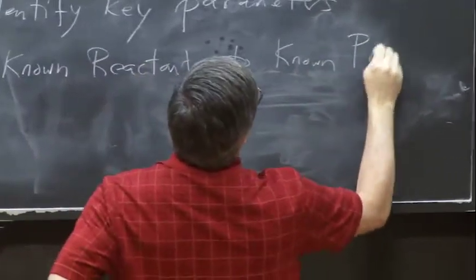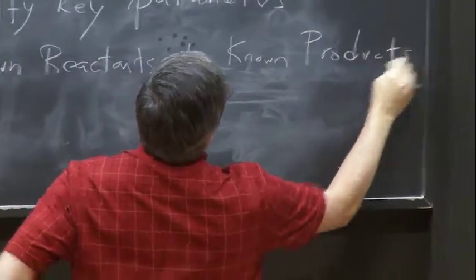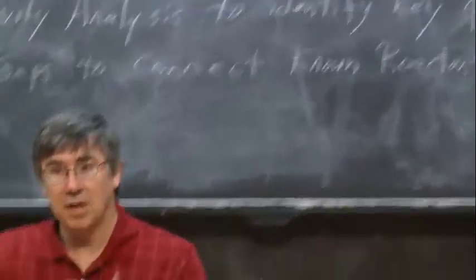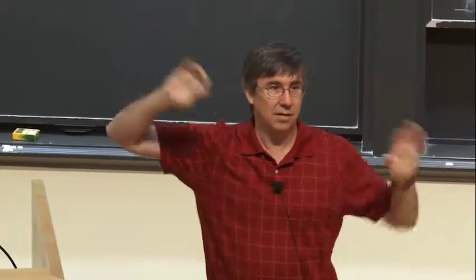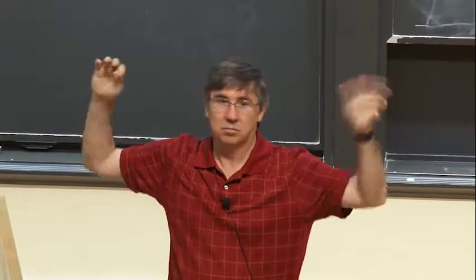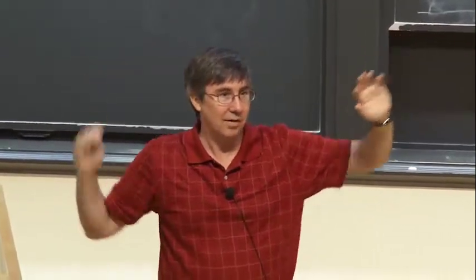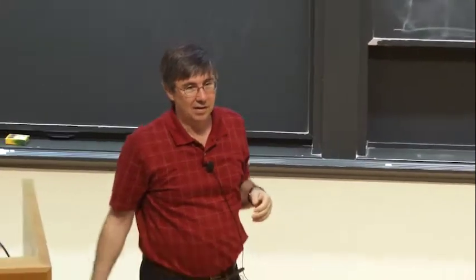Because if you take the union of all the literature models, it's possible they might not even connect. If you type in propane and oxygen, they may not actually get all the way to CO2. It's possible. And certainly if you know that NOx is one of your products, it's a good probability that you're not going to connect to make NOx out of propane.